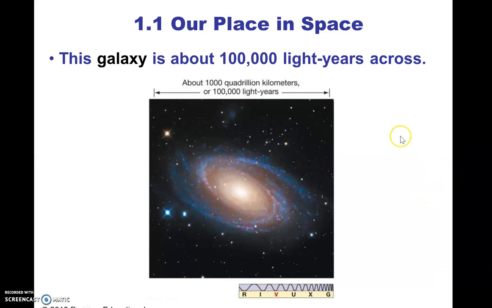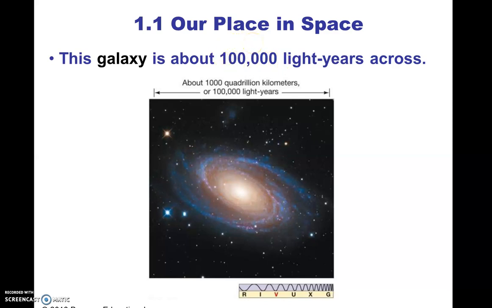And of course, in astronomy, the amount of distance that you're talking about is so vast that it really starts to lose any meaning to talk about things in centimeters or meters or even kilometers. You really need what are called light years.